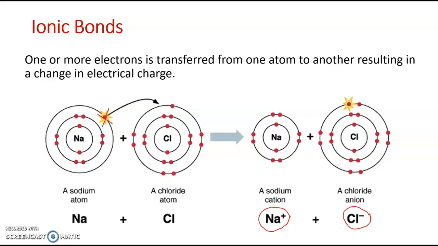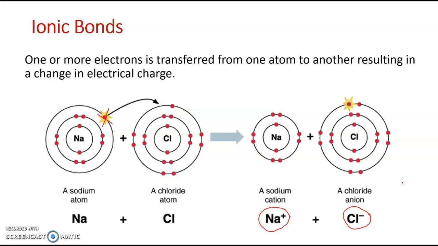The ionic bond that's formed here is one of the weaker kinds of bonds because it's not sharing anything. There's not going to be any overlap between the shells of the sodium ion and the electron shells of the chloride ion.